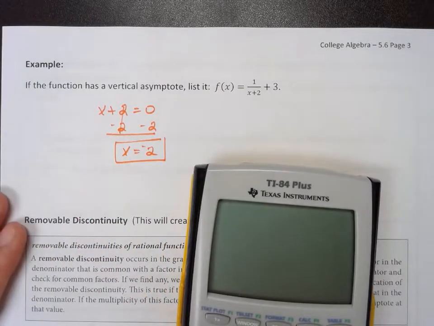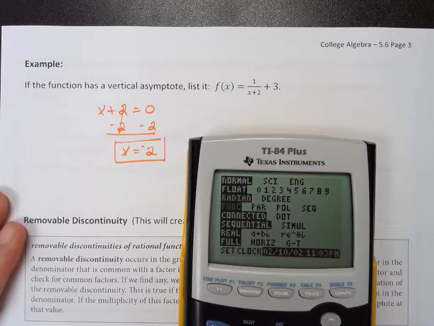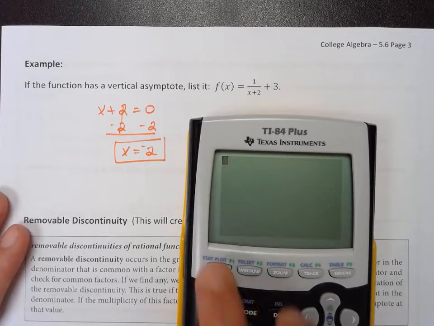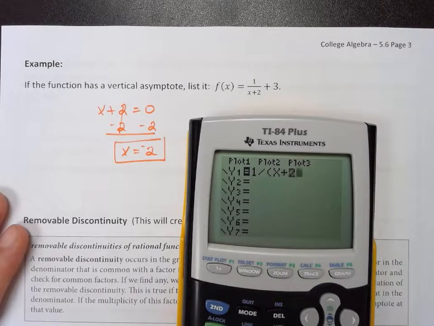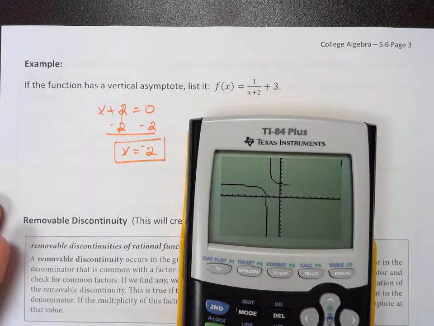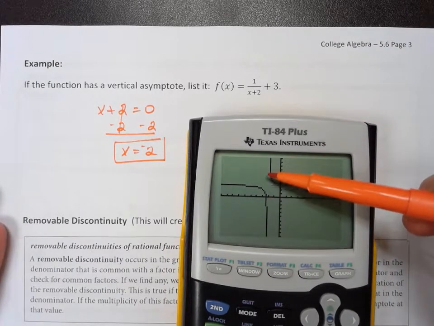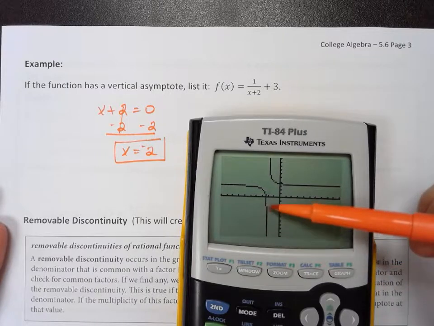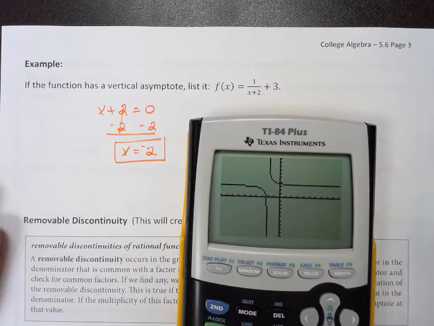Let's see if we can sketch the graph of this really fast. So we go to y equals 1 divided by x plus 2, plus 3. Graph. Do you see that at x equals negative 2, there's this invisible line right here? That is representative of your vertical asymptote.